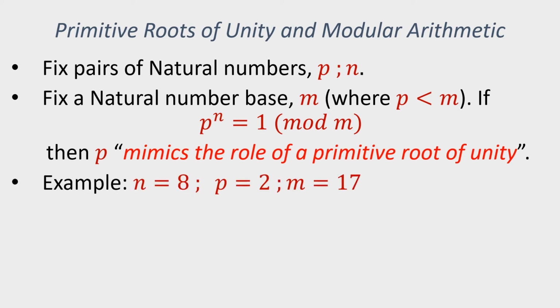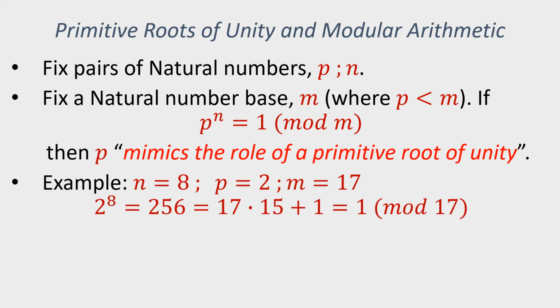So here's an example. If we have n equals 8, the number is 2, and the number base we are working in is 17. Well, when we raise 2 to the power 8, we get the outcome 256. And 256 is an exact multiple of 17 with 1 added on to it. So 256 is 1 modulo 17.